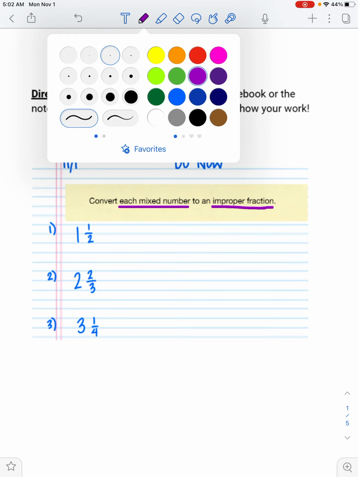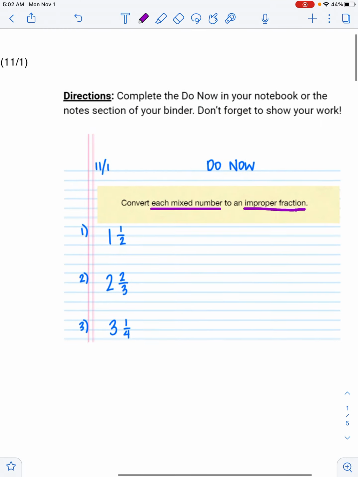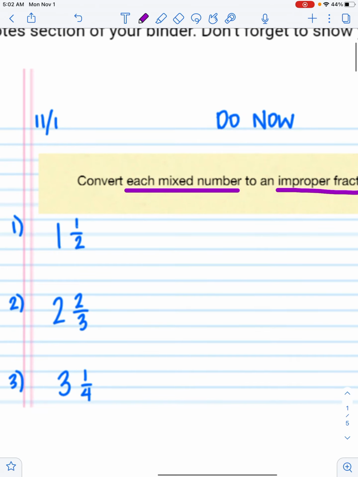Okay, so to convert mixed numbers to improper fractions, we need to think about what the whole means and what the fraction means. In this case, we have 1.5, which means we have 1 plus 1/2. We're essentially separating 1.5 into two pieces.